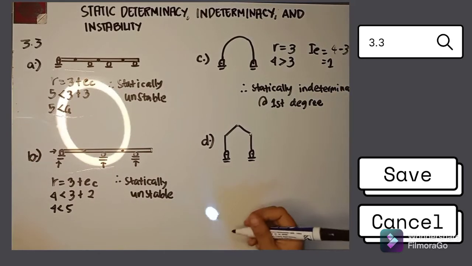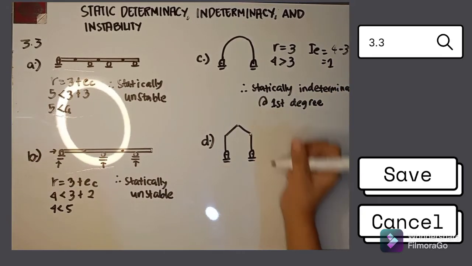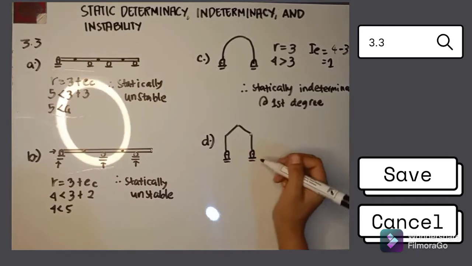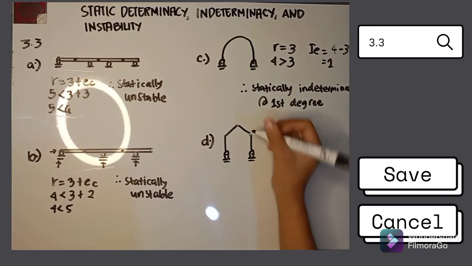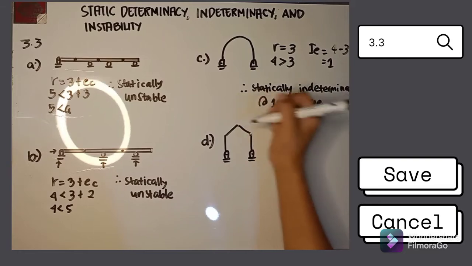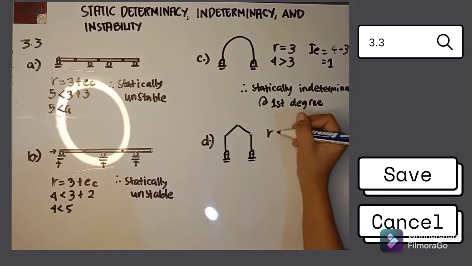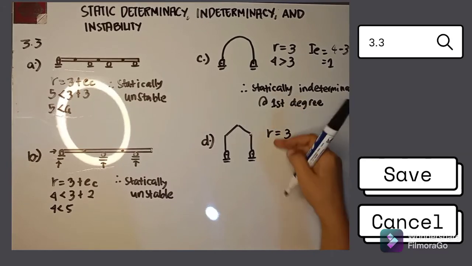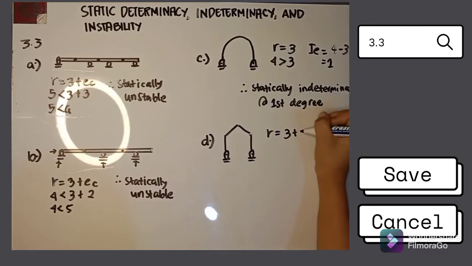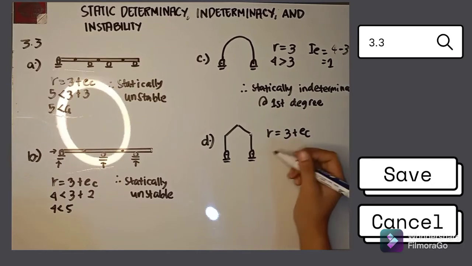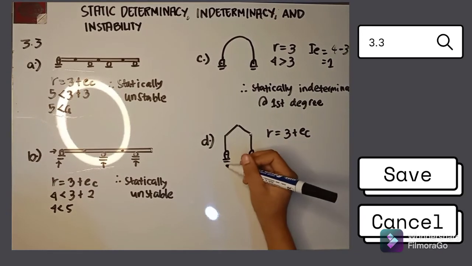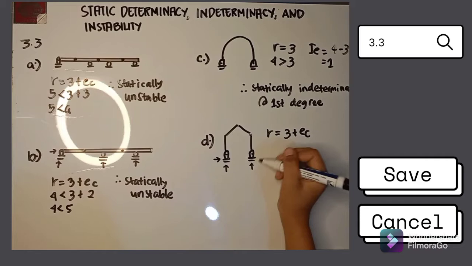And lastly, for 3.3, we have here a gable frame that is supported by hinge and has 2 internal pins. So R is equals to 3 plus EC. The number of our external reaction is 1, 2, 1, 2.